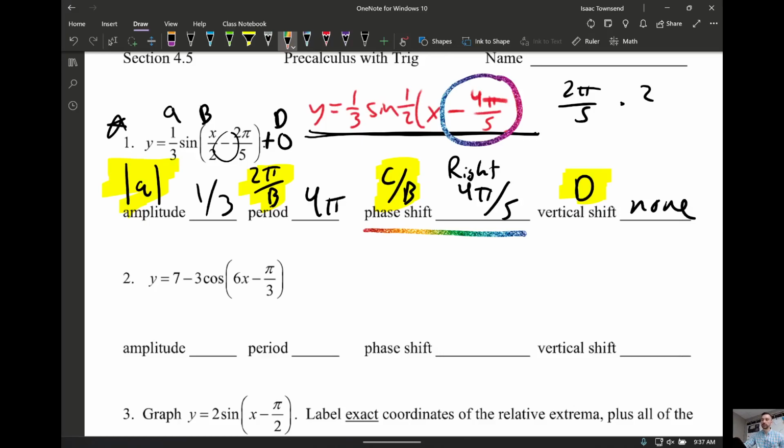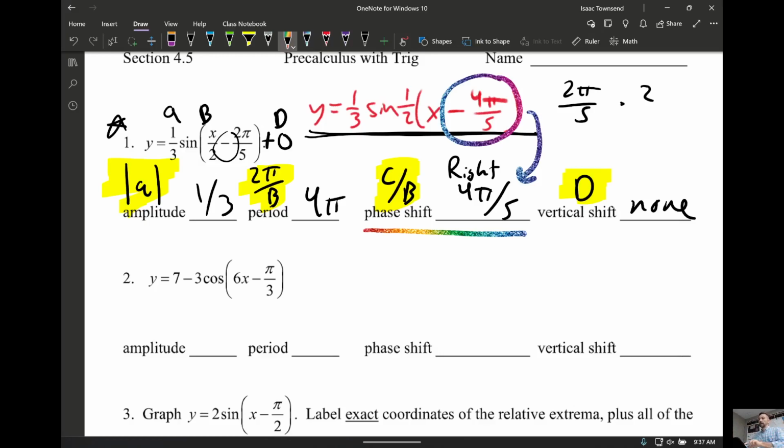If you don't factor out the 1/2, that's fine. You do C divided by B, you get the same answer. But if B is already factored out, then your phase shift is staring at you right there. So that's why some people prefer to write it that way. You do not have to write it that way if you don't want to. But I think maybe on the last question, when you check your answers, you may see that they chose to do that.